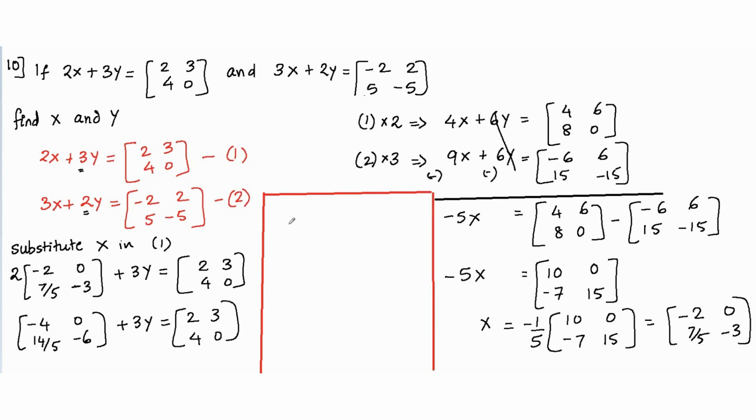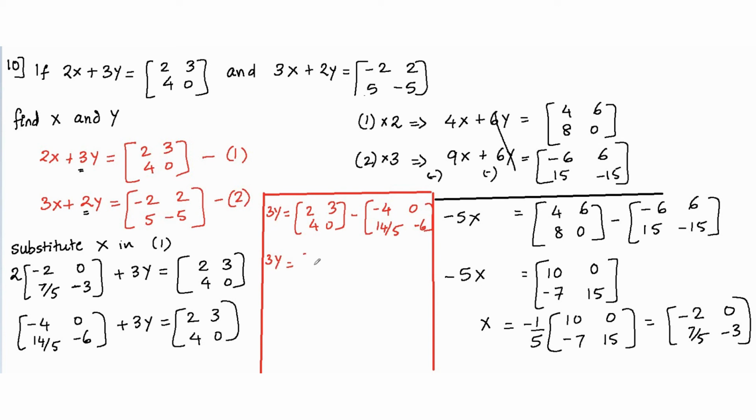So what we now get is 3y is equal to [2, 3; 4, 0] minus [-4, 0; 14/5, -6].